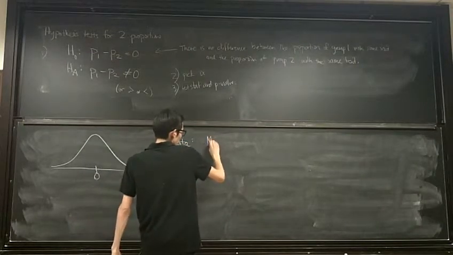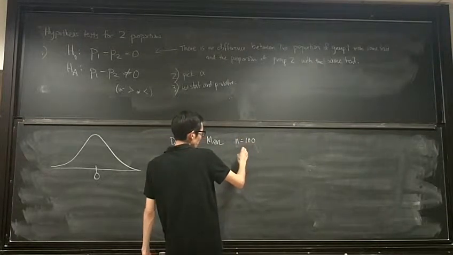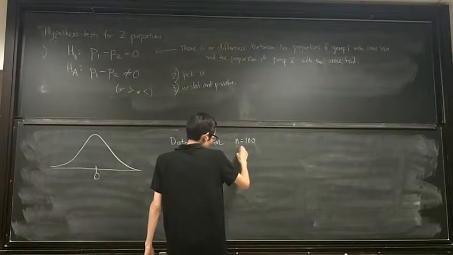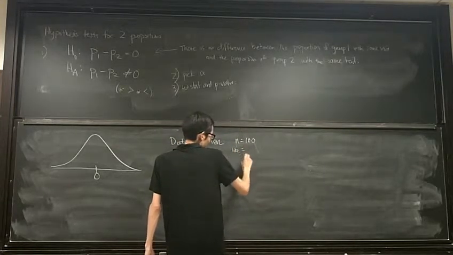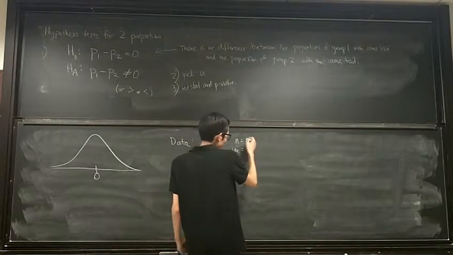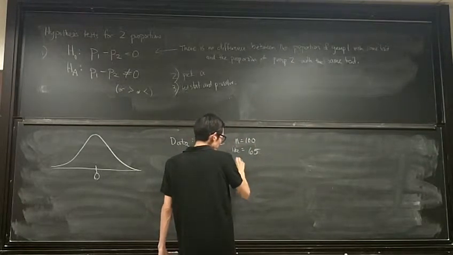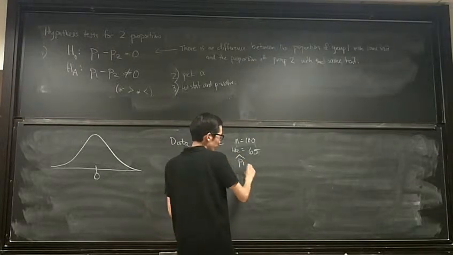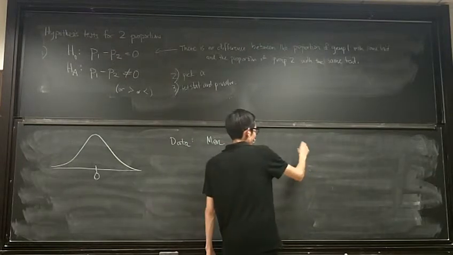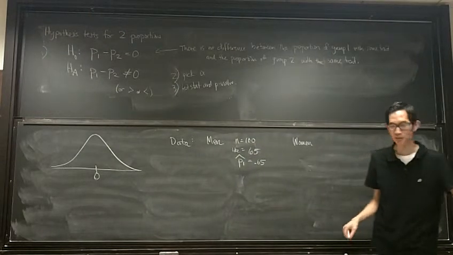The data is, men, 100 people, and what percentage of men like American Gladiators? Let's say 65. So our proportion of group 1, or proportion of men, is P1 hat equal to 0.65. That's grossly too large, but whatever.